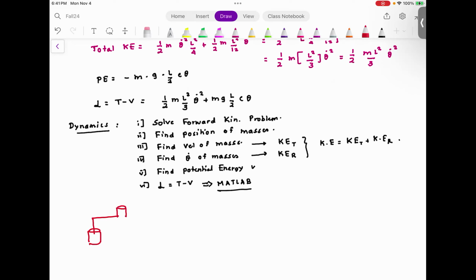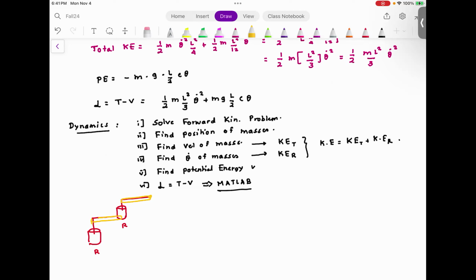So this is the first revolute joint, this is the second revolute joint, and then we have the end effector over here. In the last class, we solved the problem where all the mass was located at the end effector. Now in today's class, I'm going to make this problem a little bit more complex, and we are going to have the mass distributed here, and distributed over here.